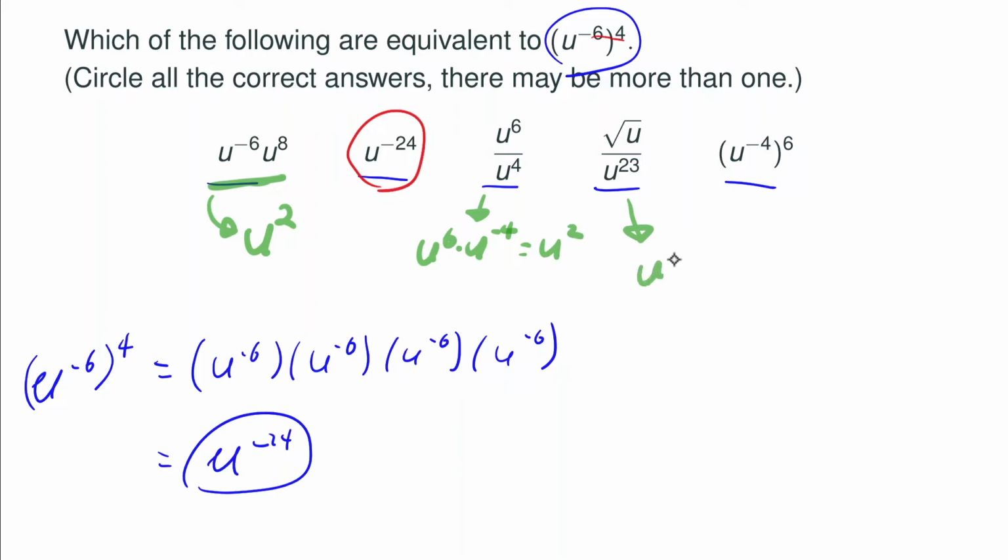We can rewrite it as u to the half power, because square root is the same as the half power, times u to the negative 23. So we simplify to u to the half minus 23, which is again not the same as negative 24. And lastly, this one is the same as multiplying the numbers, negative 24.